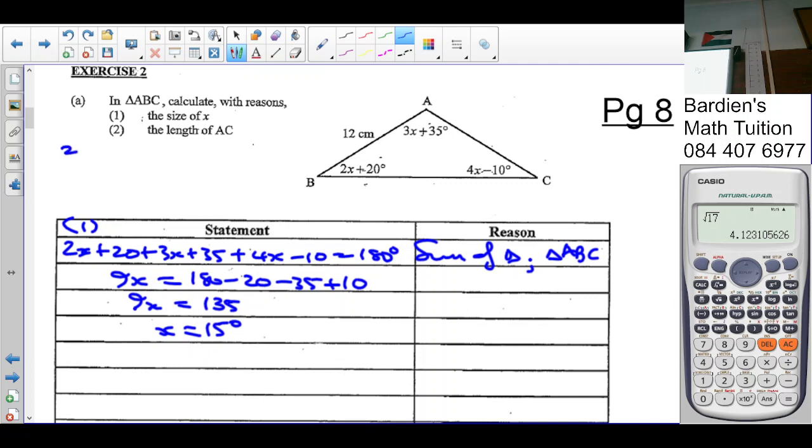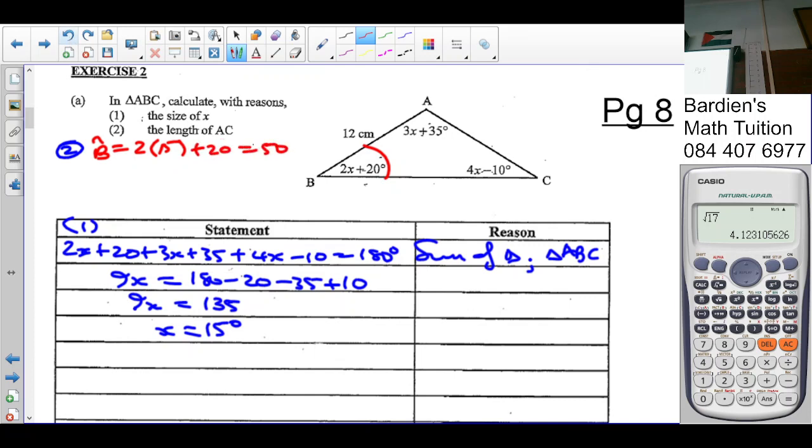Okay. So for number 2, let's look at number 2 quickly. They ask you for the length of AC. It's easy for us to say it's 12, but we need a reason. So what we do is work out the size of angle B. It's 2 times x, which is 15, plus 20, so it's 50 degrees.